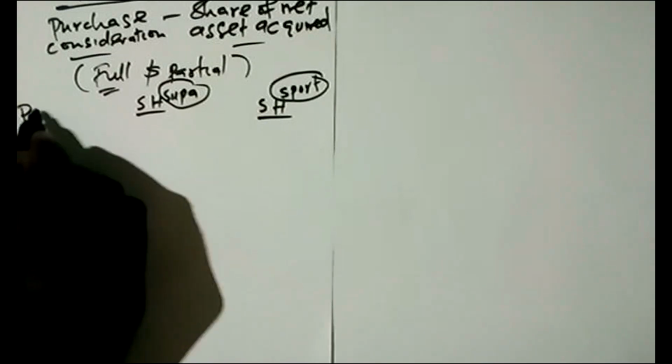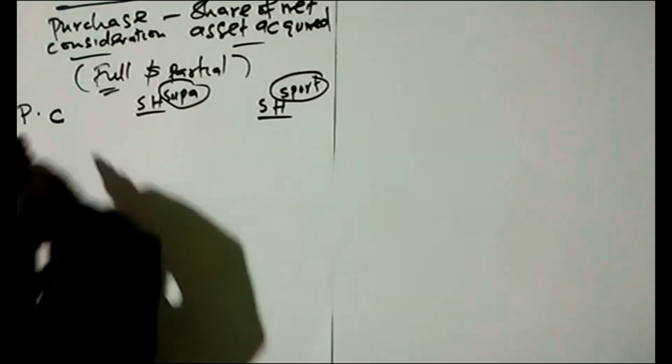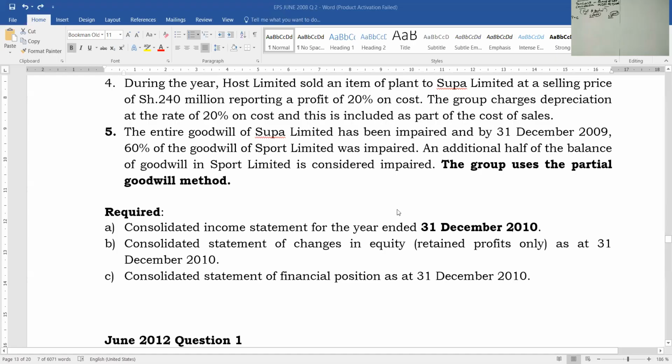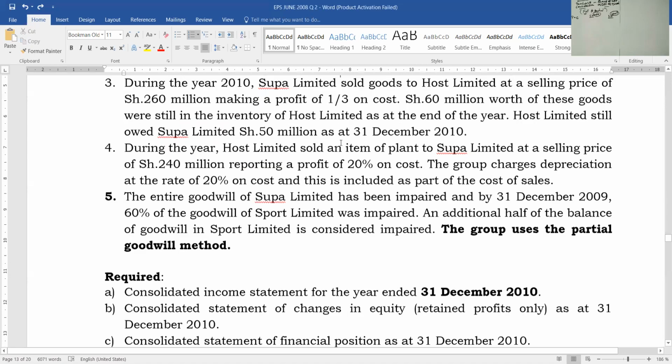So we always start with purchase consideration. That is what I call PC, purchase consideration. So the purchase consideration, the parent paid how much to acquire Super? So you are told that the parent paid a certain amount here.